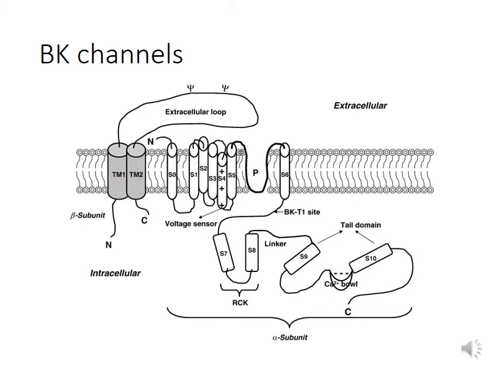Here is a cartoon of a BK channel. What you can see in this cartoon is that the BK channel looks like a KV channel with some additional elements. So you can see the S4 domain and the P region, as in KV channels, but in addition to the transmembrane domains S1 to S6, there's this very large carboxyl terminal, or C terminal, of these channels.